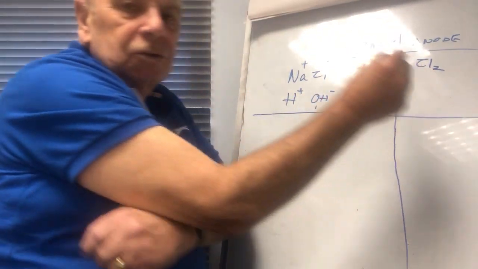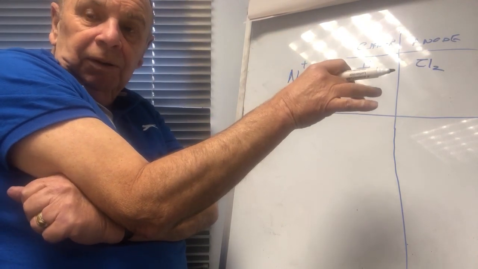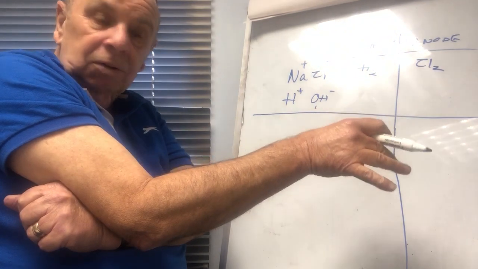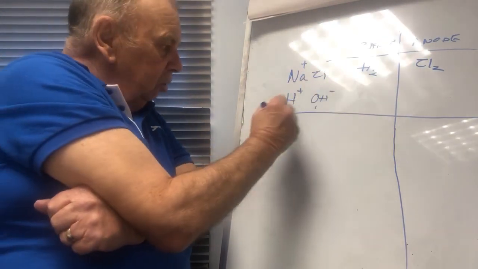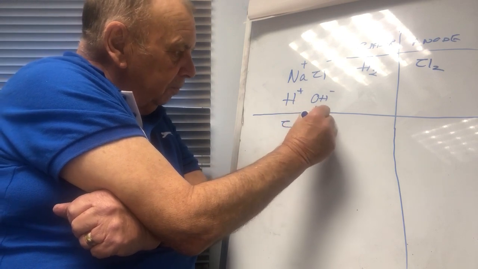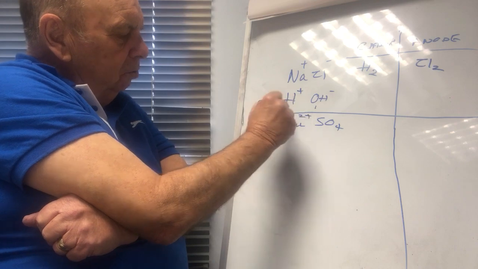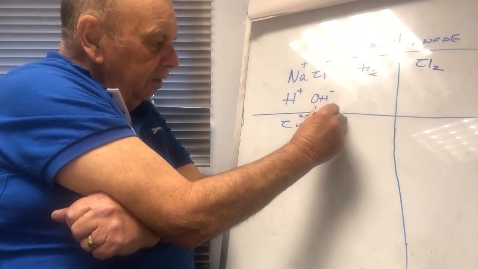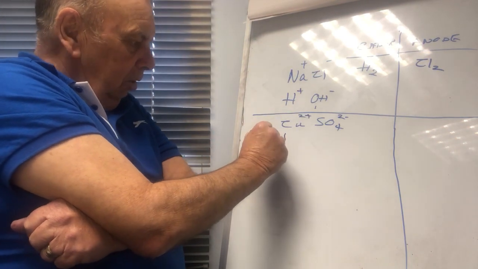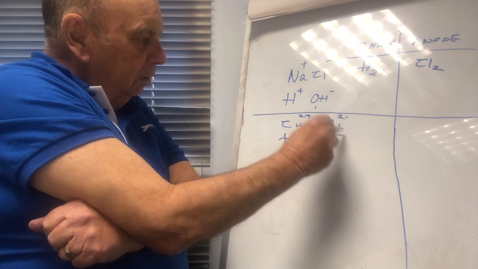Let's change the position now of something in the electrochemical series. Copper is found below hydrogen in the electrochemical series. So let's look at the electrolysis of copper sulfate. It contains copper ions and sulfate anions, and it also contains hydrogen ions and hydroxide ions.